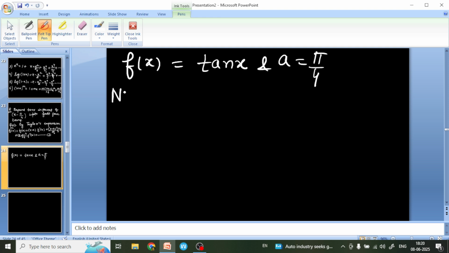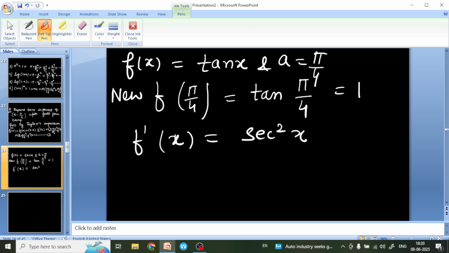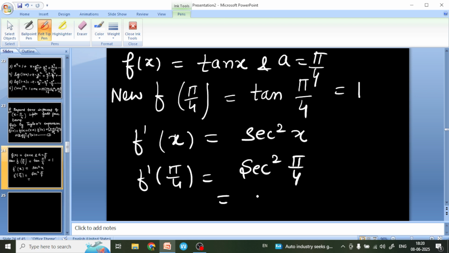Now function of pi over 4 is equal to tan pi over 4, that should be equal to 1. After that, f dash of x is equal to secant square x, f dash of pi over 4 is secant square pi over 4, that is equal to 2.